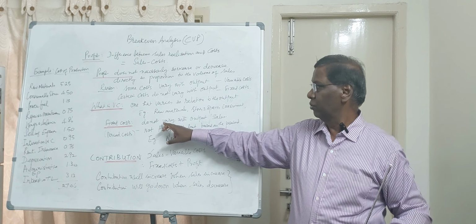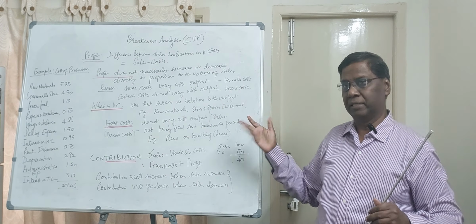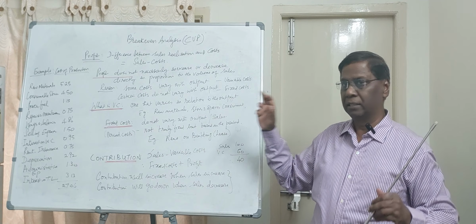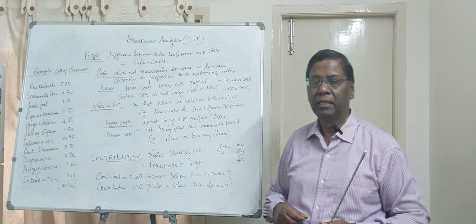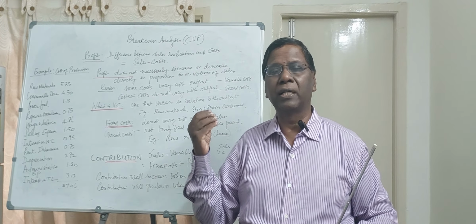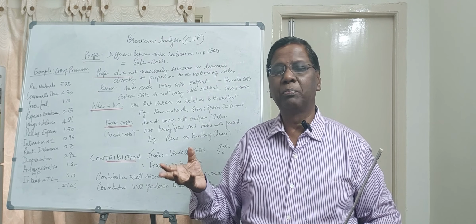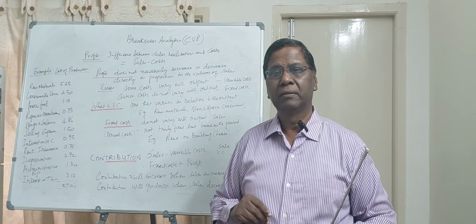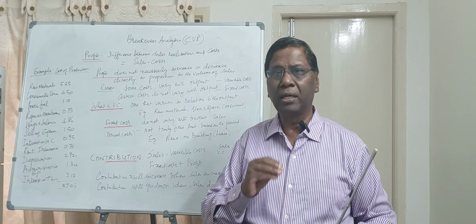Fixed costs do not vary with the output or sales. For example, rent on a building. Suppose you are taking a machine on lease. Whether you are running the machine or not, monthly you have to pay the rent. Fixed means it is not related to output.